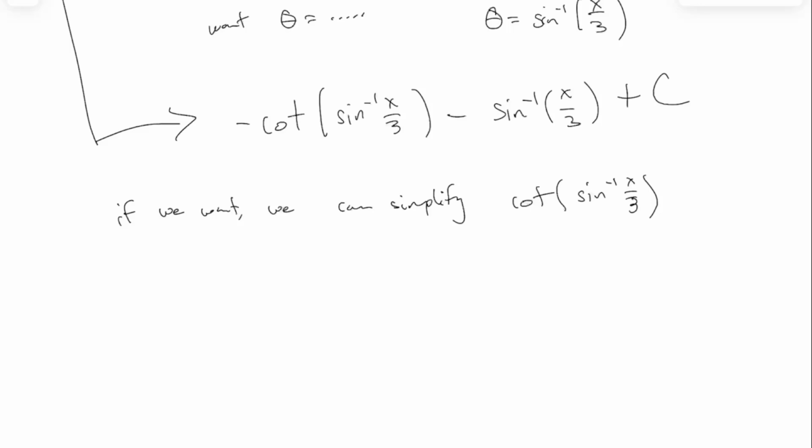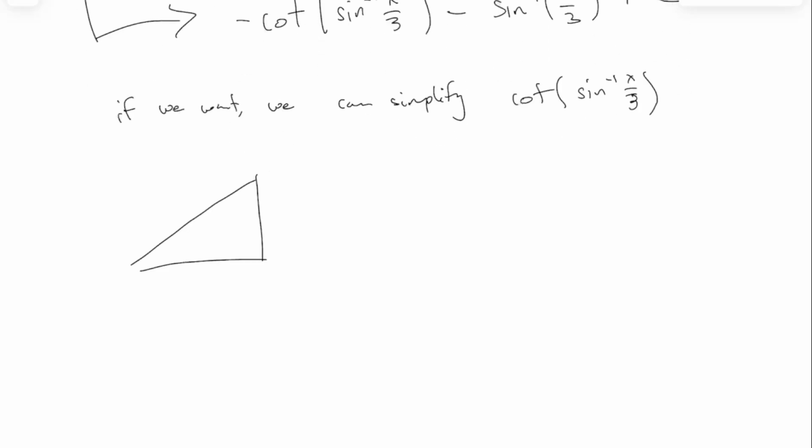Yeah, so for this I would draw a little triangle where the sine is x over 3. Here's the angle I'm talking about. I want the sine to be x over 3, which is to say the opposite over hypotenuse is x over 3. So this side is x and this is 3. So that angle is inverse sine of x over 3, and then I want the cotangent of that angle. You have to find the other side first using the Pythagorean theorem. This side would be the square root of 9 minus x squared, and then I do the cotangent of that.